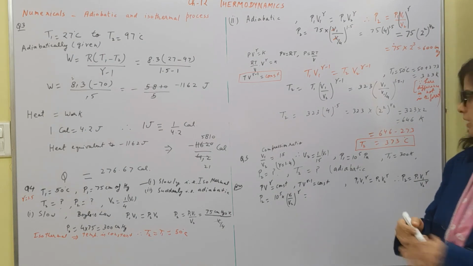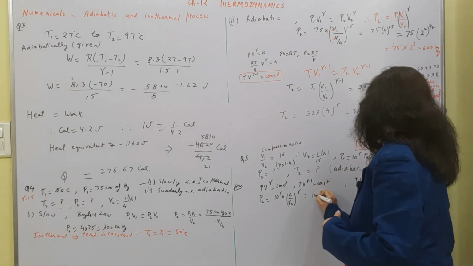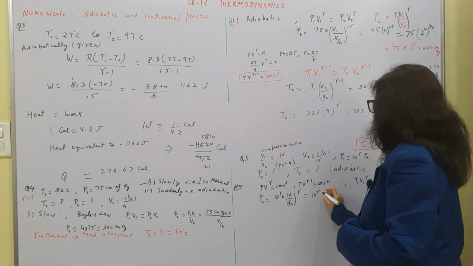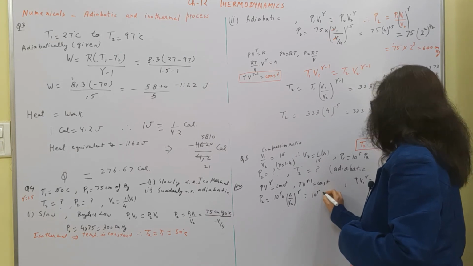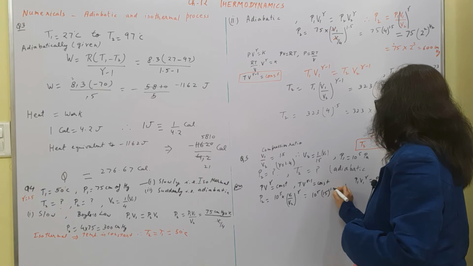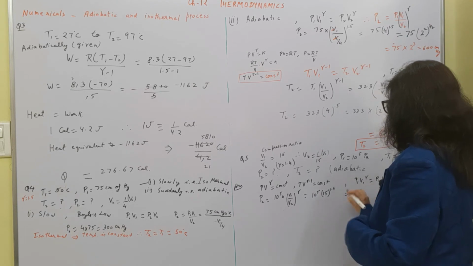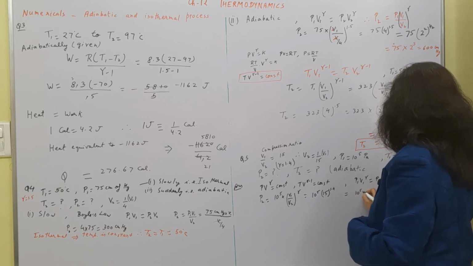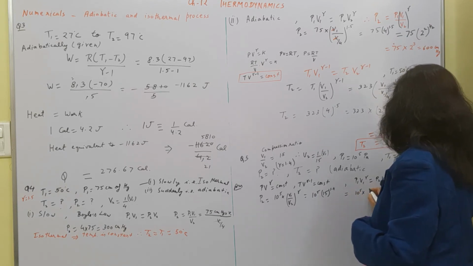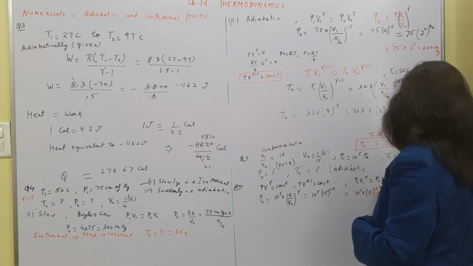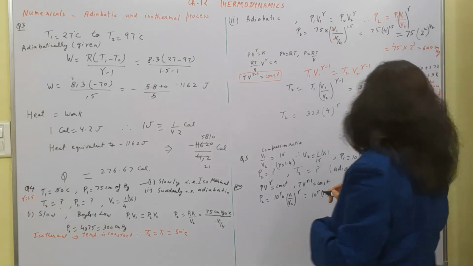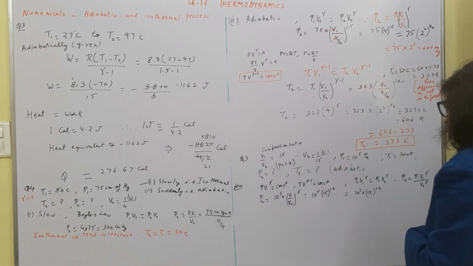So you can write 10 to the 5, V1 upon V2 is 15, to the power 1.4. So this gives me 10 to the power 5 into 15 to the power 1.4. We can calculate this using log tables.